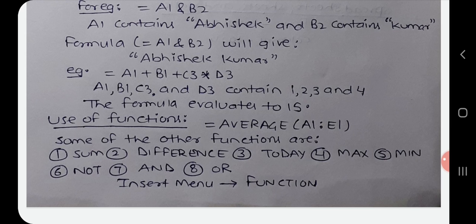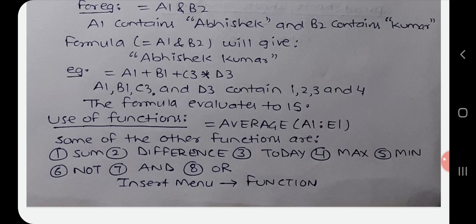The above function will take the range of cells as A1 to E1 and then compute the average of the same. Some of the other functions that are frequently used are sum, difference, today, maximum, minimum, not, and, and or.